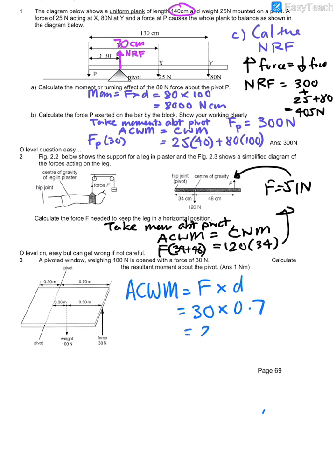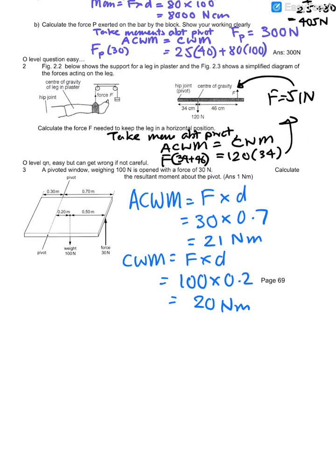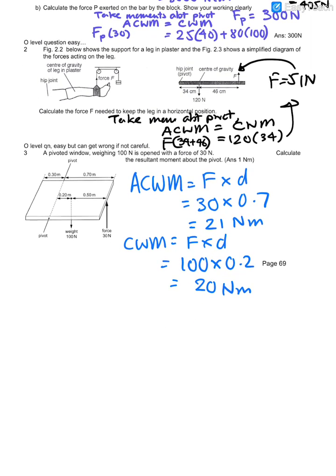Then 21 minus 20 equals 1. So 21 newton meters, right? Then the clockwise moment, force and distance: 100 times 0.2, which is 120.